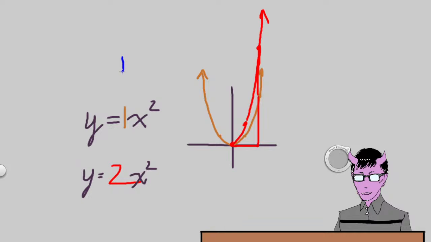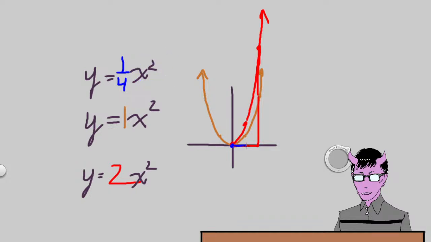And of course, if we have a modifier like 1/4 in the front, then everything gets vertically squashed. So first, if we graph 0, that's still going to be 0, because 0 squared is 0, and then 0 times 1/4 is still 0.